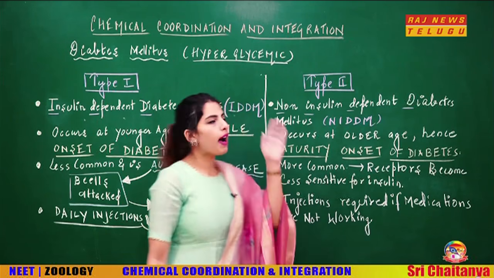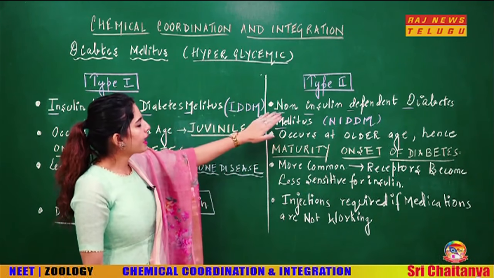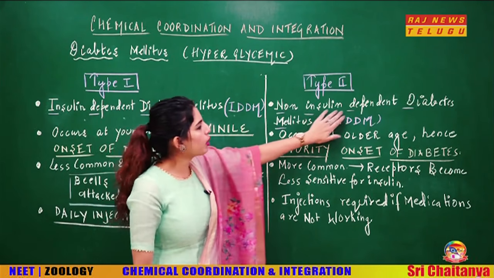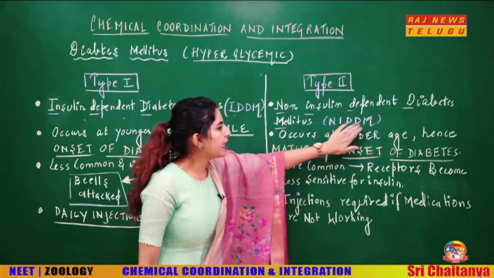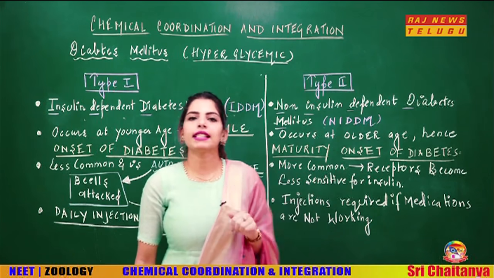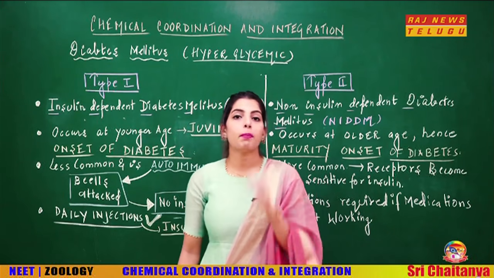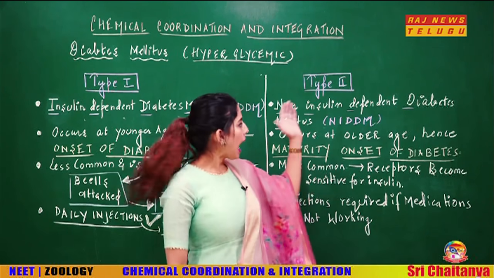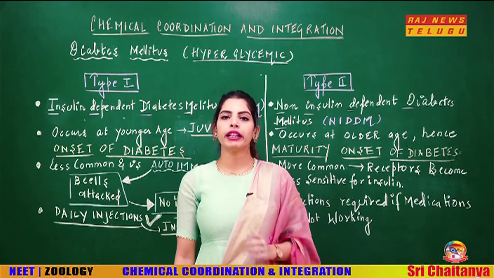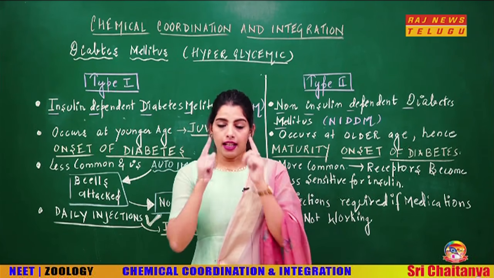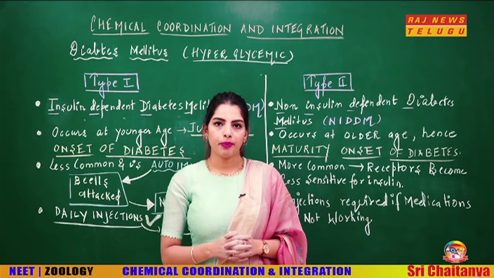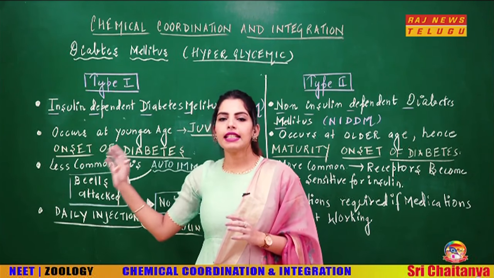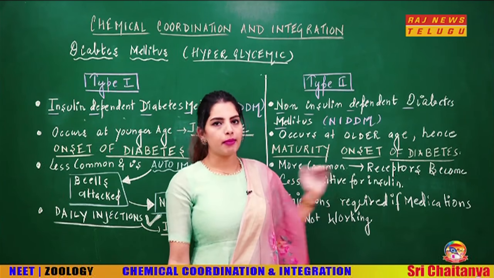And type 2 is called non-insulin dependent diabetes mellitus, NIDDM. Why am I saying that type 1 is insulin dependent and type 2 is non-insulin dependent? That we are going to see in the later points. Just remember IDDM and NIDDM.